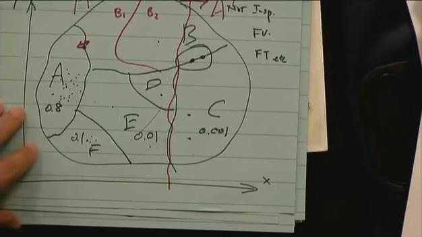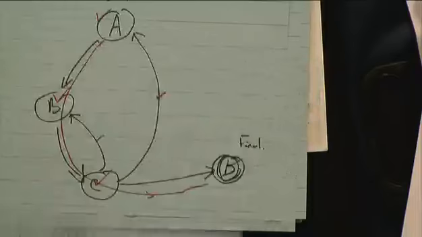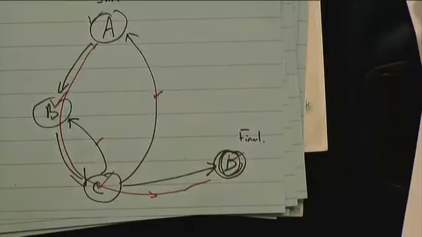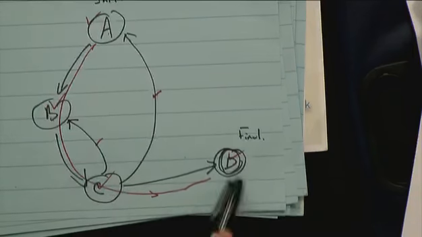Similarly, with finite state machines, say we have a finite state machine like this, we can ask how often you go through each individual state before you finish. So we want information about the relative frequencies of visits to those different places.